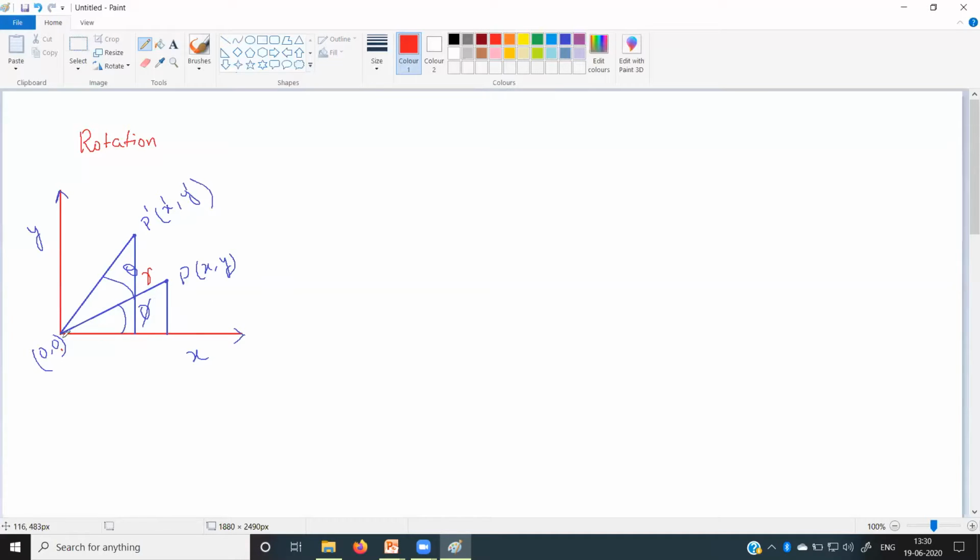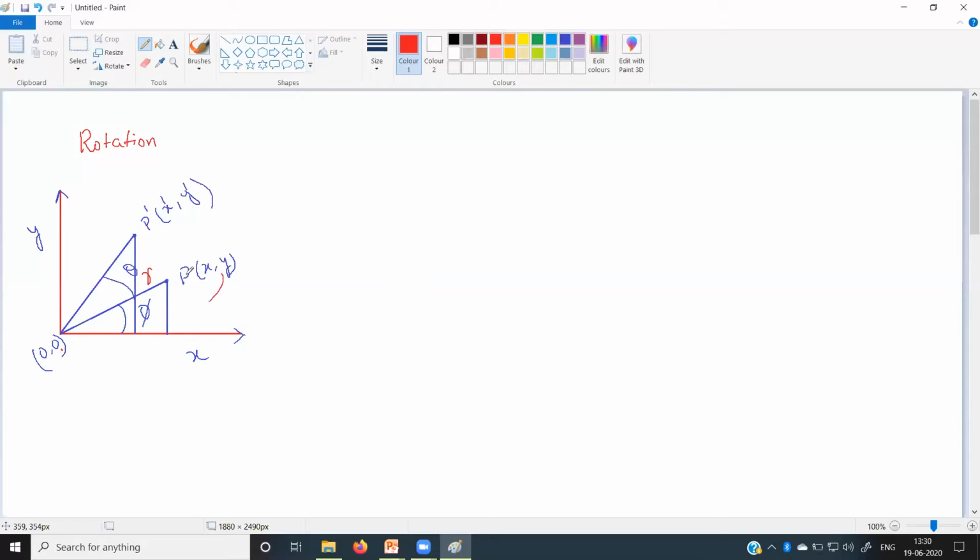It is very simple. You can consider that a rope is tied at the origin, and you take a pin and plug the pin in some position P, then you take out the pin and, stretching the rope, you try to rotate it. So what will happen? You can move it to the location P dash.